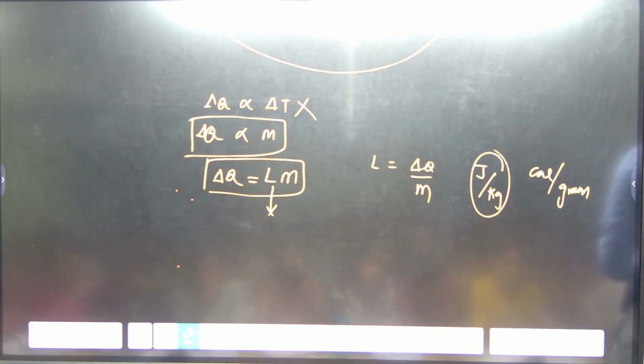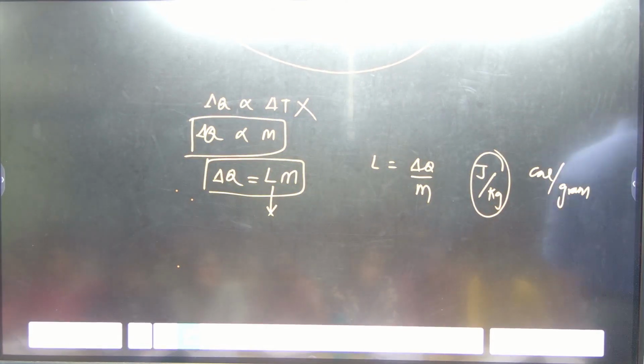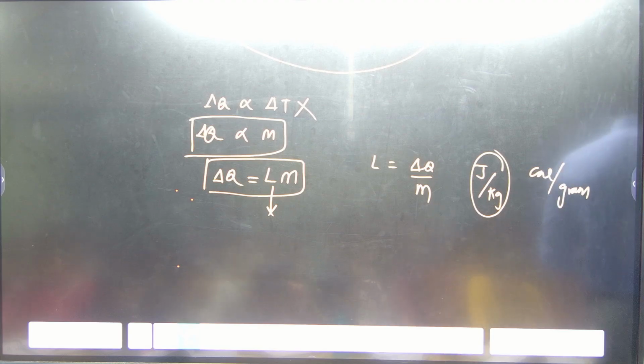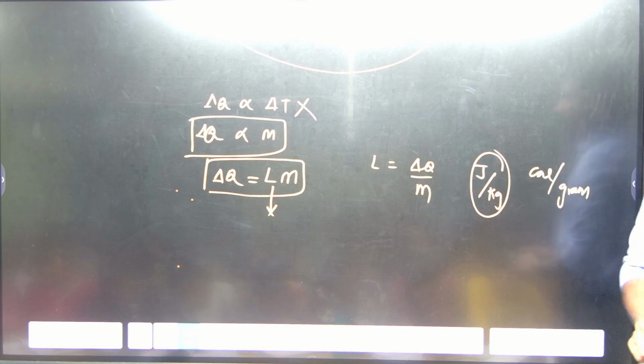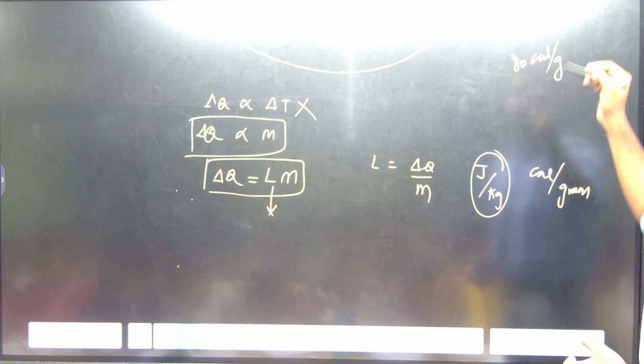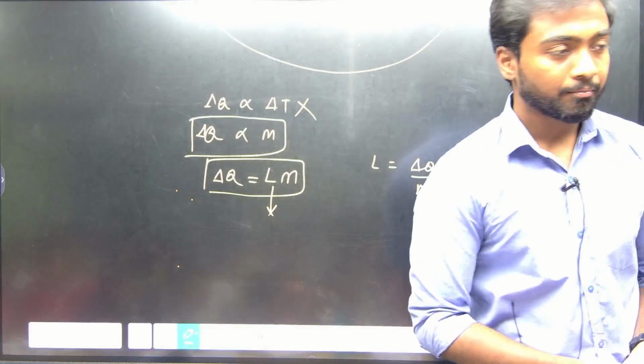Under this note point, latent heat of fusion, latent heat of fusion of water is equals to 80 calories per gram.